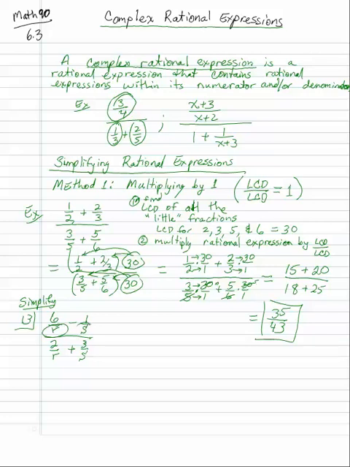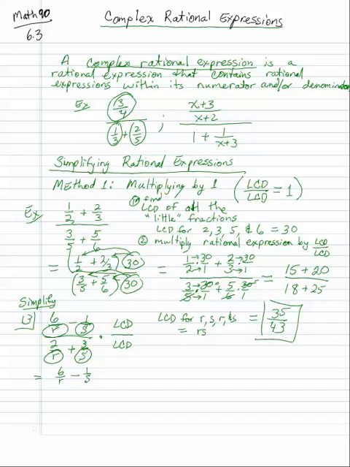So that's R, S, R, and S. So the LCD for R, S, R, and S is equal to RS. So I'm going to multiply the top and bottom by the LCD of all the little fractions divided by the LCD. So I'm going to get 6 over R.